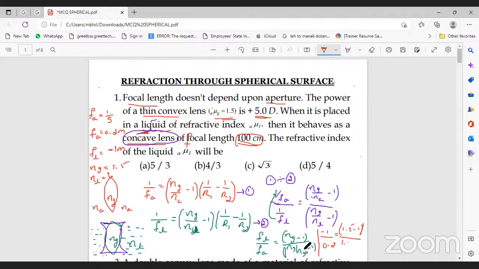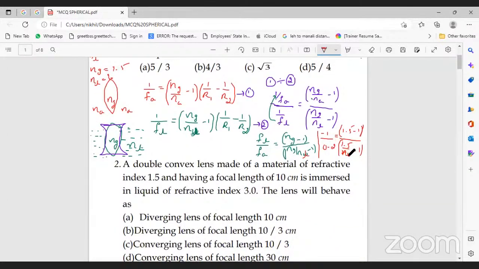Nw means liquid I'm talking about. That is 1.5 divided by NL minus 1. Can you simplify this and tell me the value of NL?